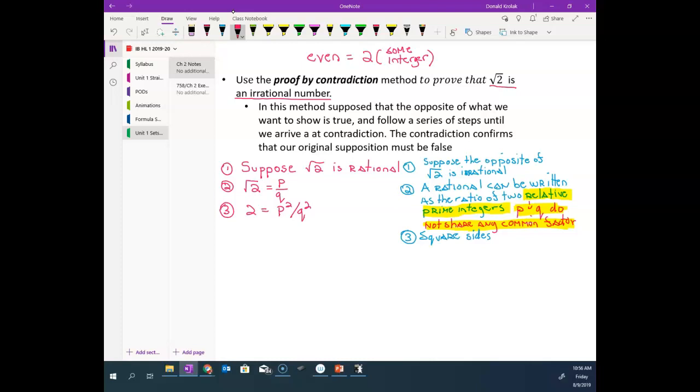All right, so my next step then is I am going to multiply both sides by Q squared. So the left side becomes 2Q squared and the right side becomes P squared.